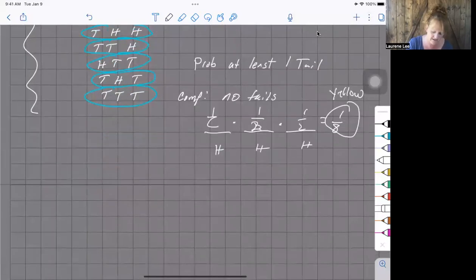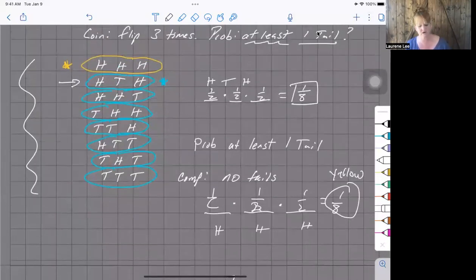So the blue has to be 7/8, all the rest, right? So that's an easy way to figure out what the blue is. So instead of looking at all of the blue options one by one and combining them, I can look at the yellow, calculate that one thing, and then find the opposite of that.